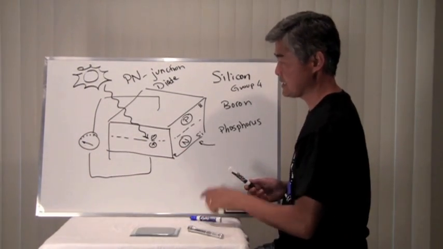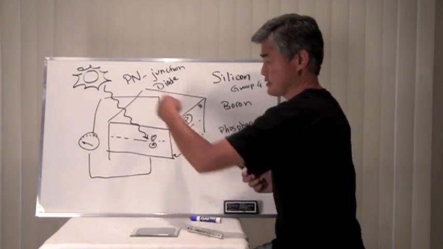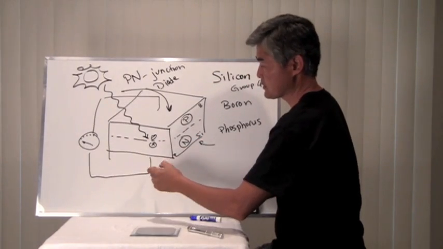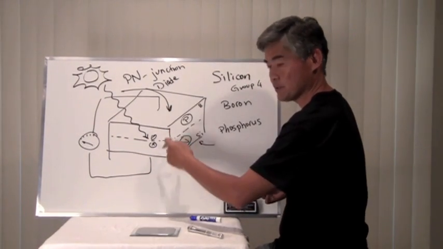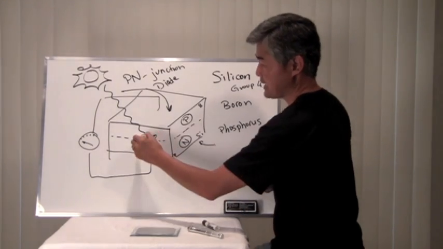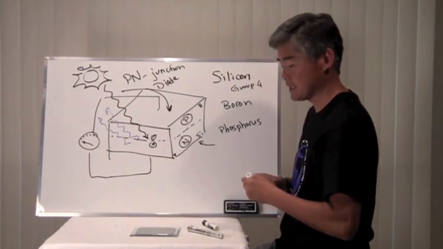In the case of an LED, you pump in current from a battery or source of electricity, electron hole pairs form, and when they recombine, you actually get light out. So light comes out when you pump in current.